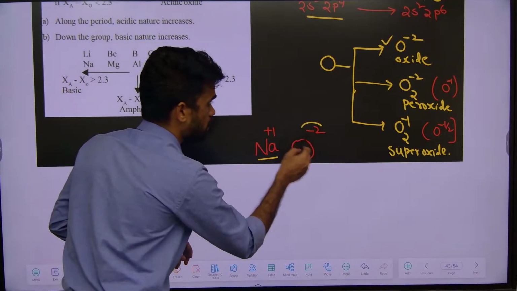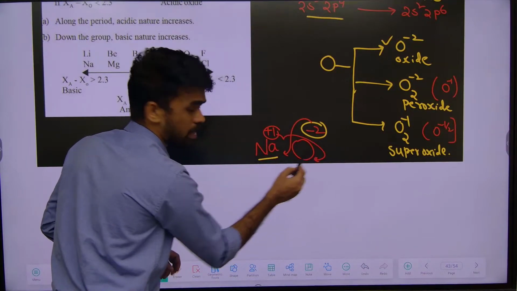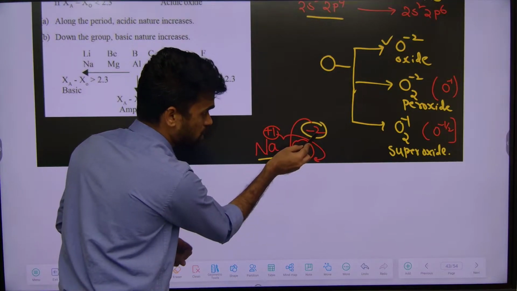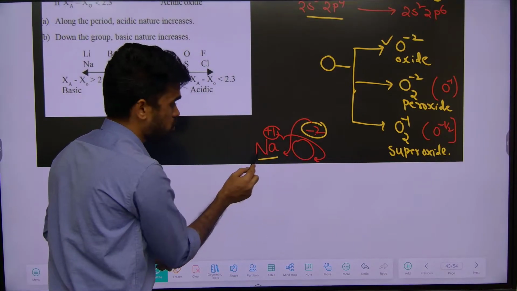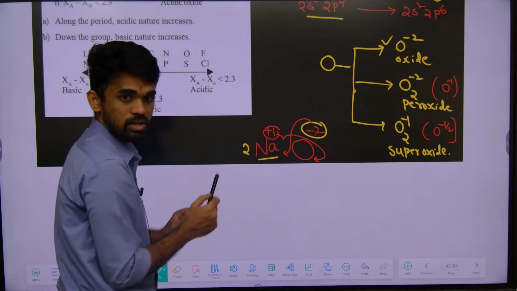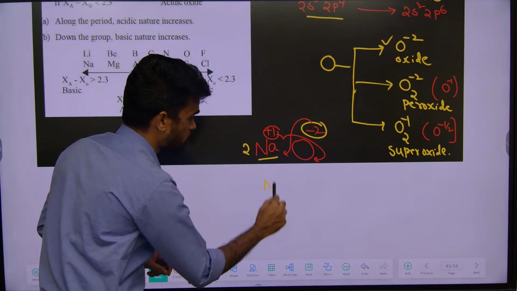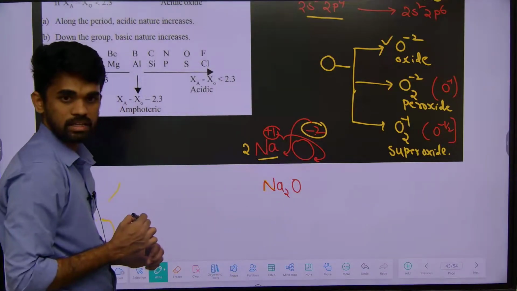Do the criss cross method. ఈ నెంబర్ని ఇక్కడ రాయండి, ఈ నెంబర్ని ఇక్కడ రాయాలి. -2ని బ్యాలెన్స్ చేయాలంటే +2 ఉండాలి కదా, కానీ +1 ఉంది. So if I take 2 sodiums with +1, overall molecule becomes neutral. అంటే నేను ఏం రాయాలి ఇప్పుడు? Na2O.